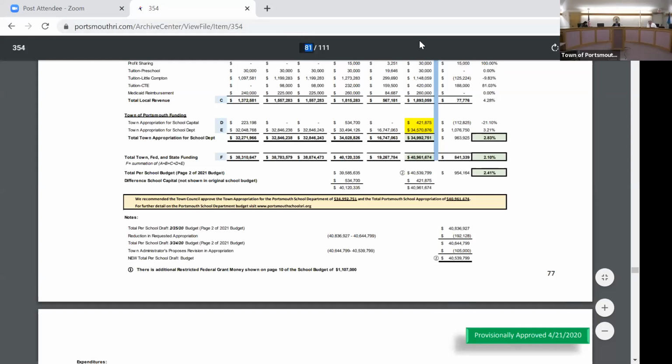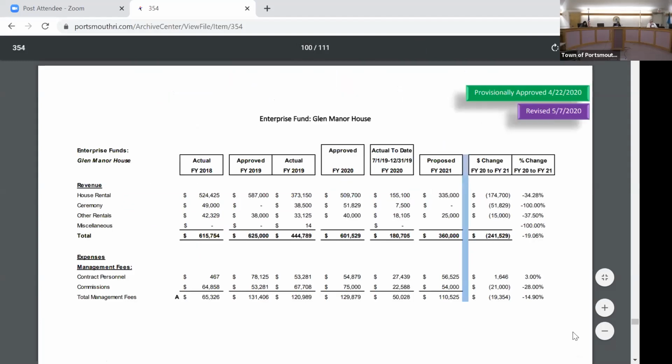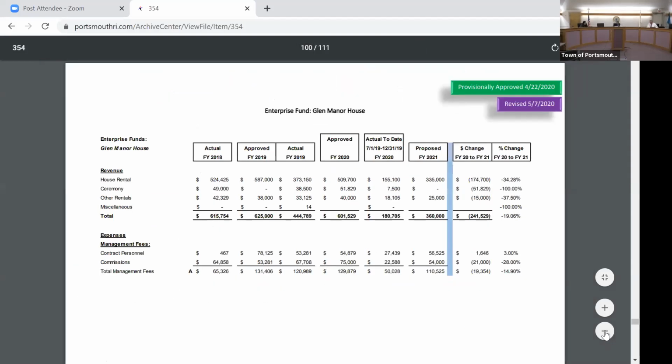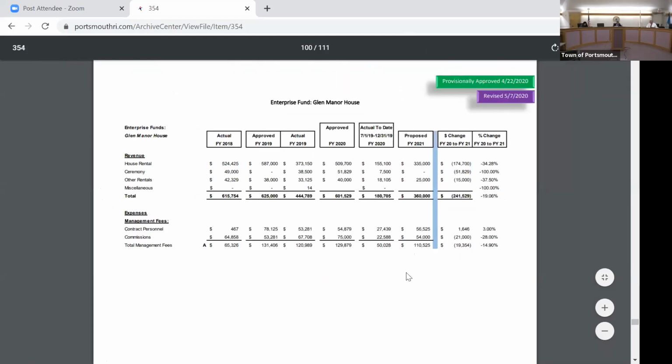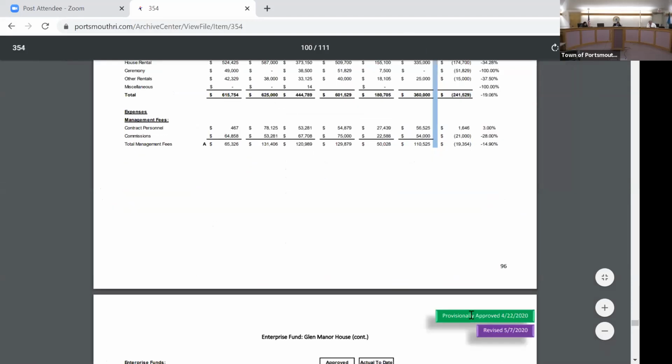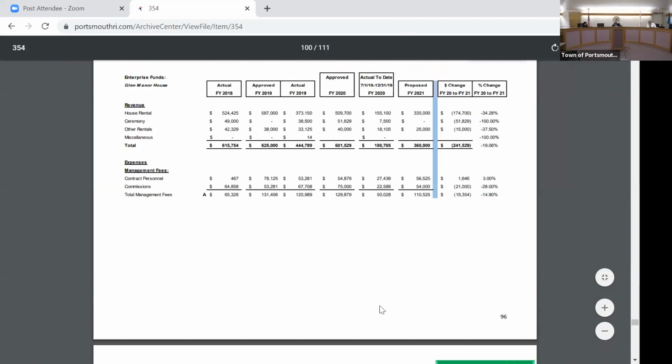So now if you will scroll to the Glen Manor House Enterprise Fund, page 96. I apologize, I didn't highlight the changes, but there are a number. Starting on page 96 under revenue, we have changed the house revenue from $575,000 to $335,000.